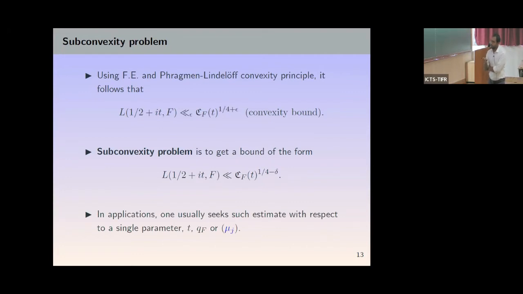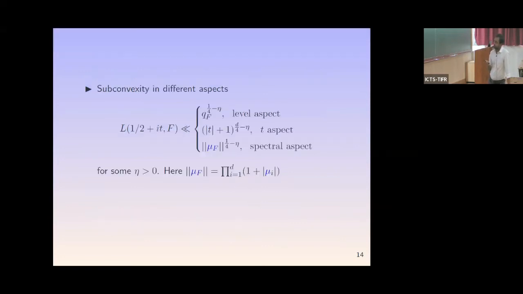And usually in applications, we are interested in estimating these bounds with respect to a single parameter. In these problems, the main three parameters are t, the arithmetic conductor, and these local parameters. If you vary the arithmetic conductor and get a subconvexity, we call it level aspect subconvexity.